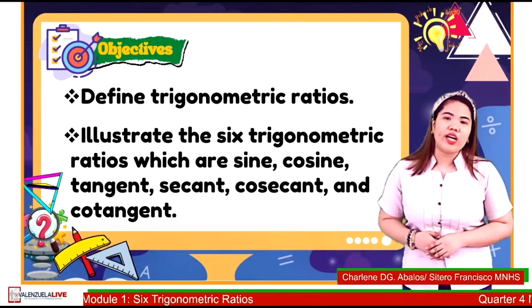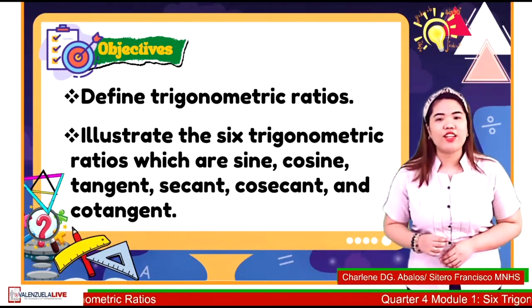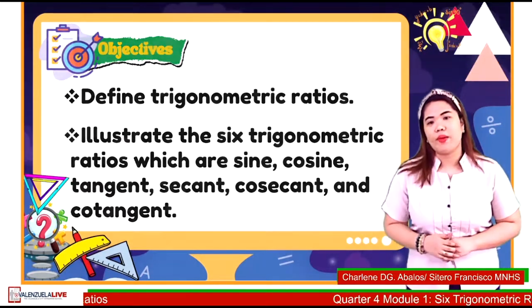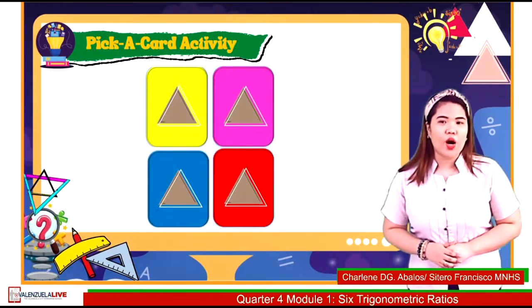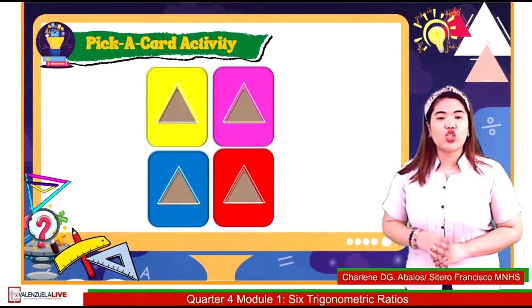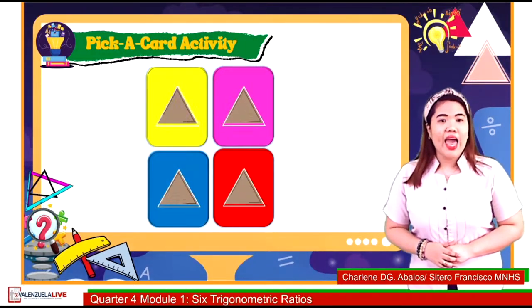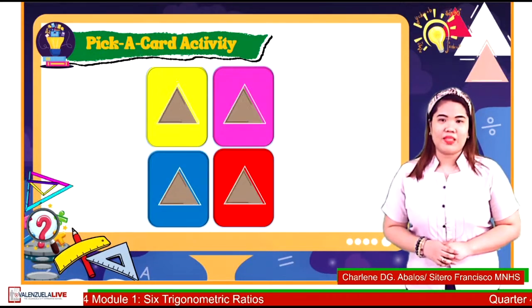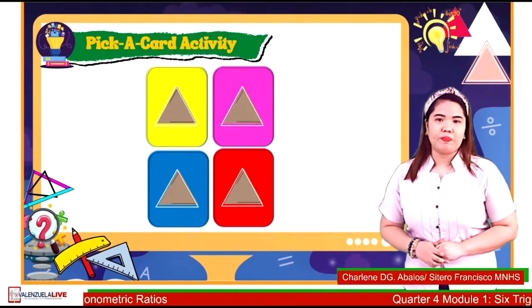It is very important that you have knowledge in right triangle to fully understand the concept of the trigonometric ratios. With this, let's review the parts of the right triangle, which are the hypotenuse, the adjacent side, and the opposite side. Let's have a pick a card activity.